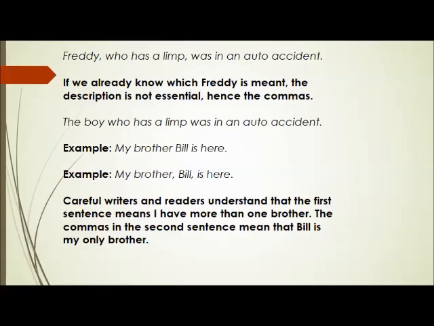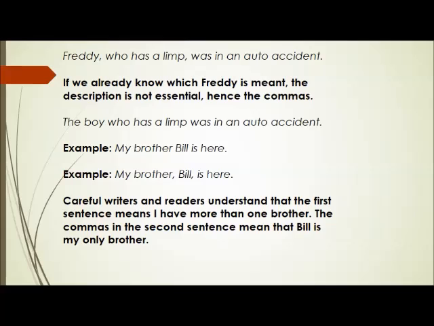Careful writers and readers understand that the first sentence, without commas, means I have more than one brother. The commas in the second sentence mean Bill is my only brother. In the first sentence, Bill is essential information.